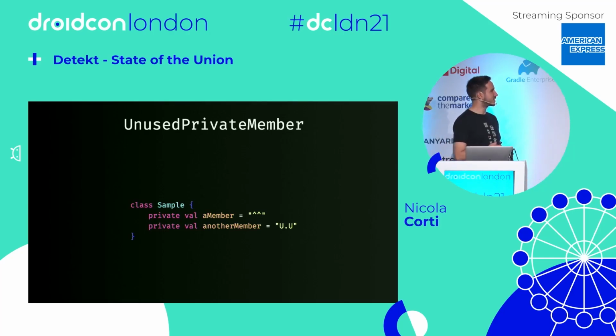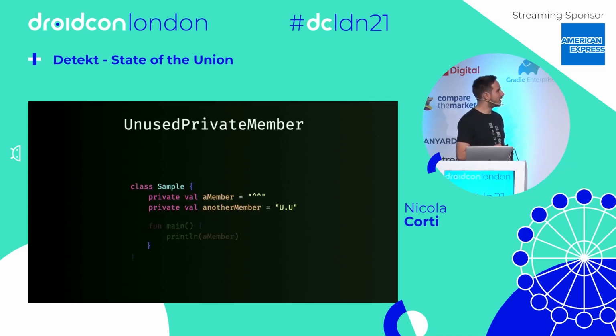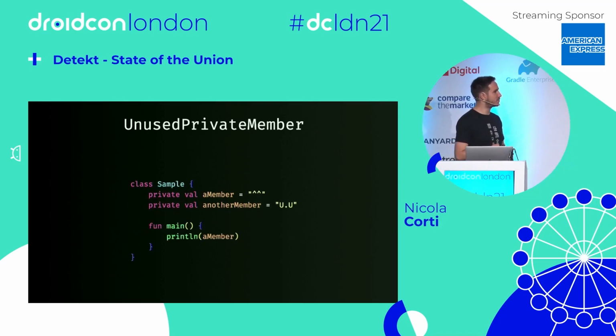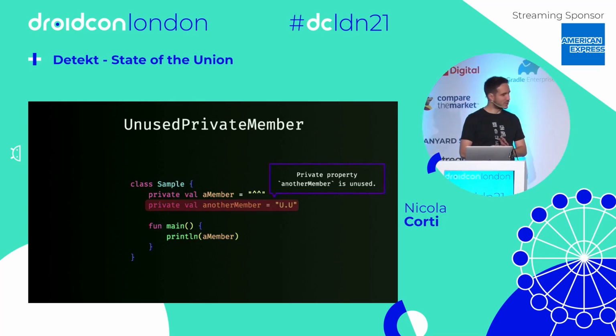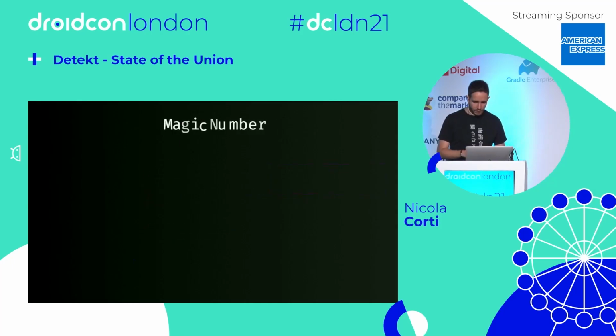In this case, I have this class with two members, a member and another member, and I have a main function and I print one of the two. And Detekt will tell you, hey, you're not using this guy. Private property another member is unused, and maybe you should remove it, or it should be public, or I don't know why you added that there.